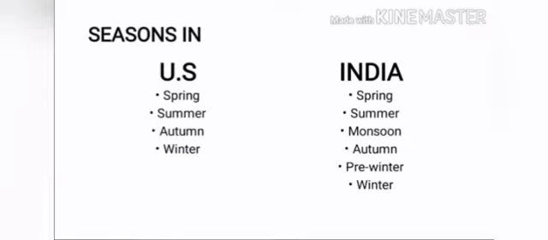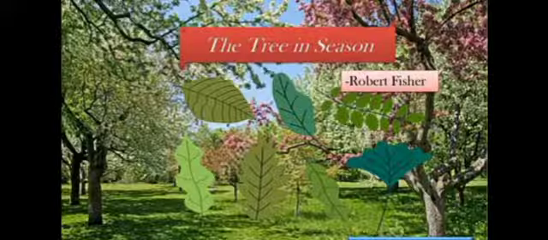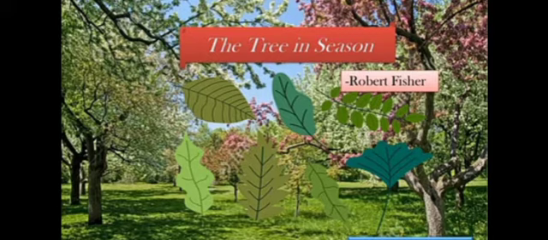The seasons in US are spring, summer, autumn, and winter, whereas in India we have spring, summer, monsoon, autumn, pre-winter, and winter. And also, children, remember that our winter is not so extreme as they have. Likewise, the summer in US is not that intense as in India.